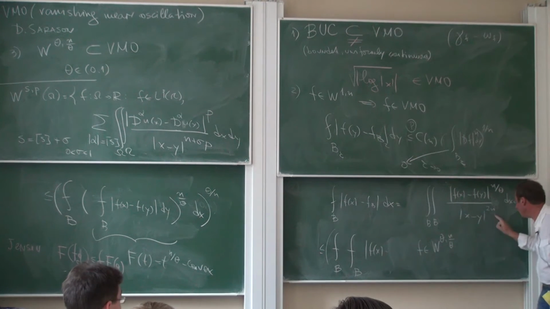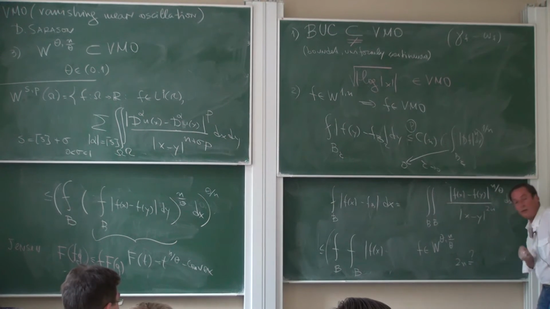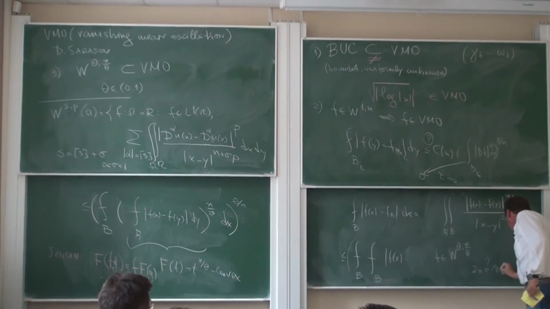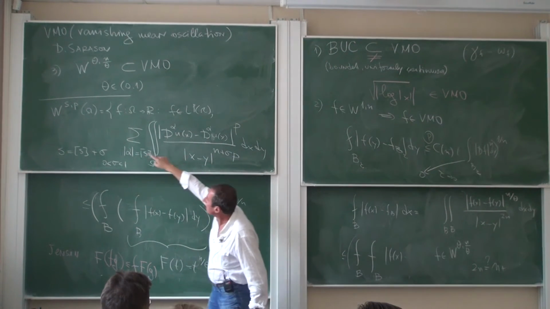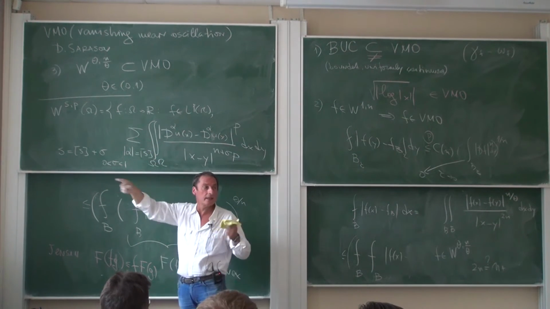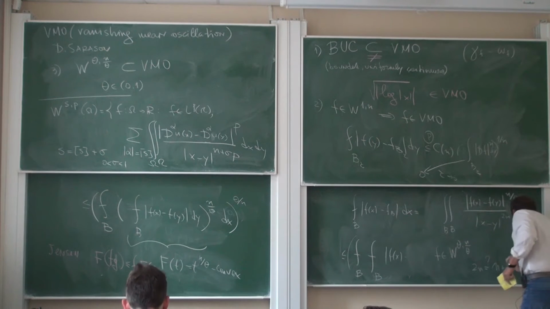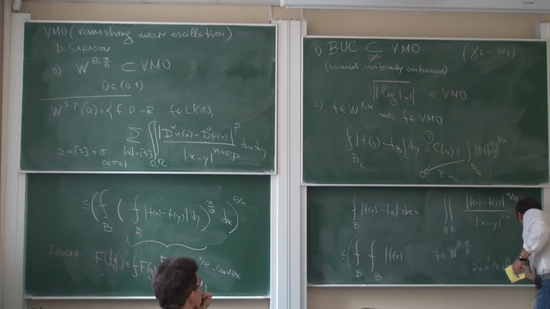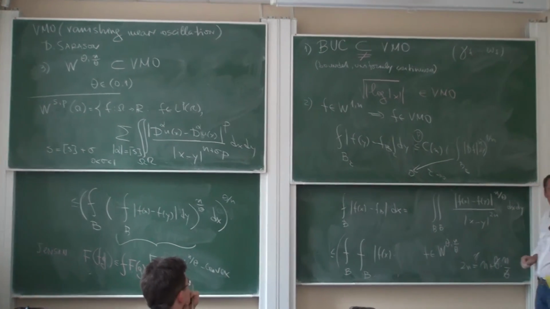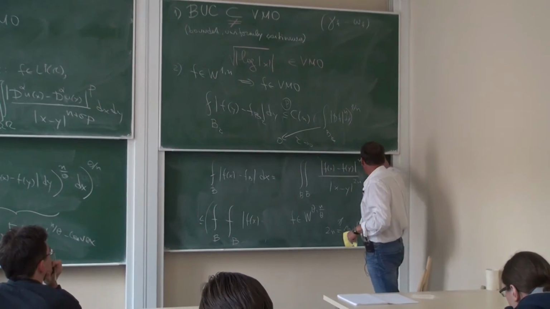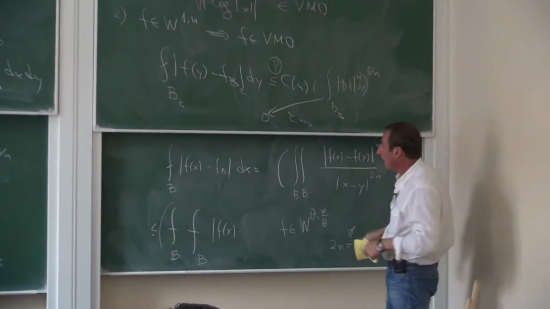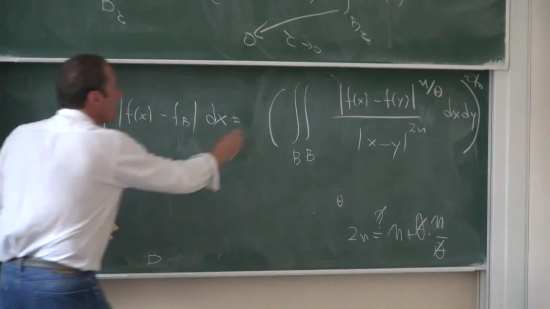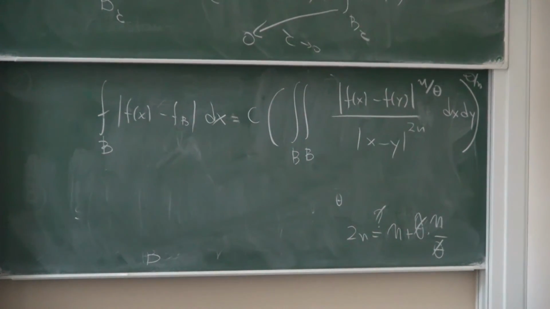So it means that this exponent here, 2n, I will have to check if it is n plus the decimal part of the first exponent, which is theta, and theta is between 0 and 1, so sigma is theta, times the integration exponent, which is n over theta. Okay, it is true. So here is missing just theta over n. And now we got this inequality here. Here, of course, there is some constant, which depends on n and on theta.